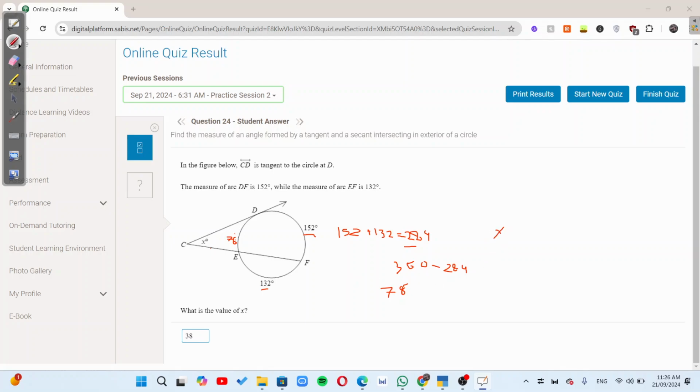So x equals half of 152 minus 76, and that's equal to 76. Half of it is 38. So that's how you get this question's answer.